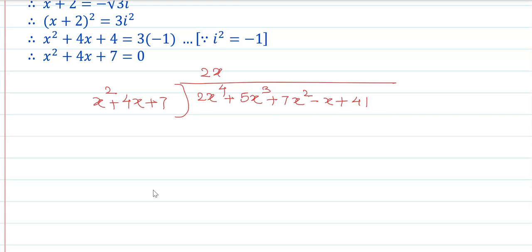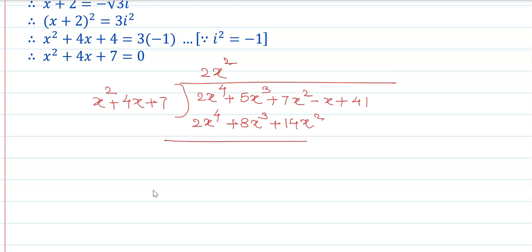Therefore 2x square into x square, you will get 2x raised to 4. Again 2x square into 4x, you will get 8x cube. Again 2x square into 7, you will get plus 14x square.